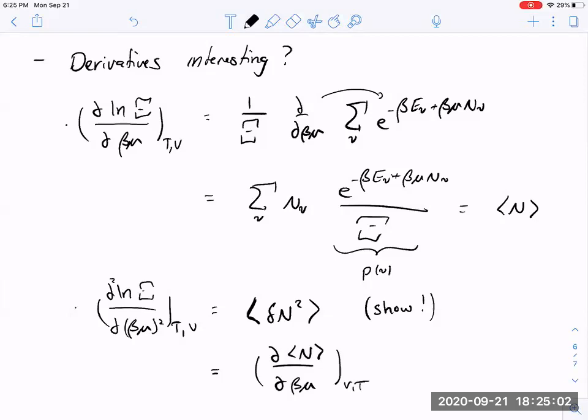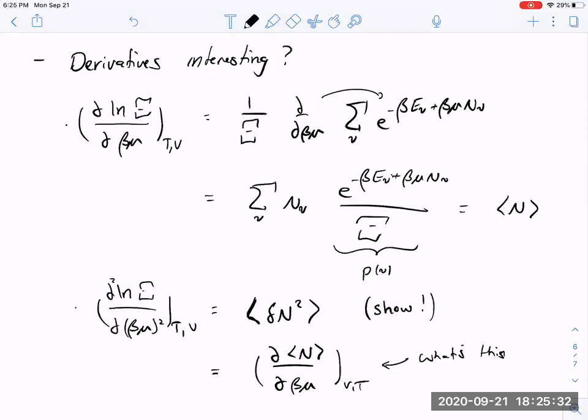So again, we've arrived at a fluctuation response relationship, in this case illustrating a relationship between the particle number fluctuations and how the number of particles changes on average when I tune the chemical potential. Now that is not something that is naively intuitive, I think.